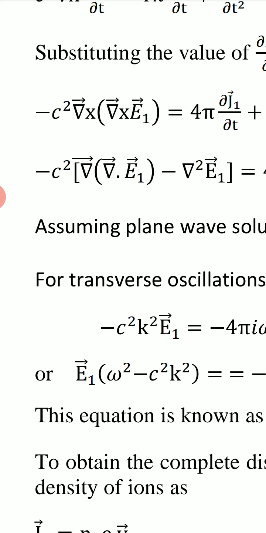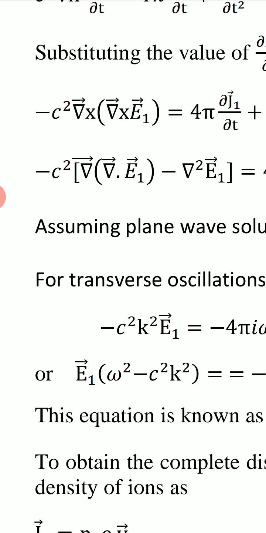We use the formula A vector cross B vector cross C vector equal to A dot C times B minus A dot B times C. So the first term is A dot C times B. It gives del vector dot E vector times del vector, which we write as del vector del dot E. It is the gradient of divergence of E.